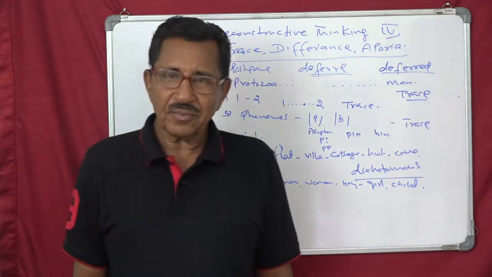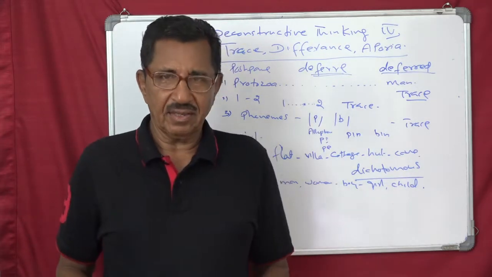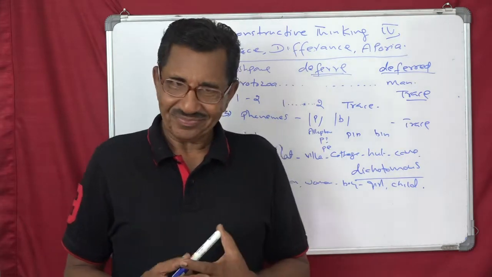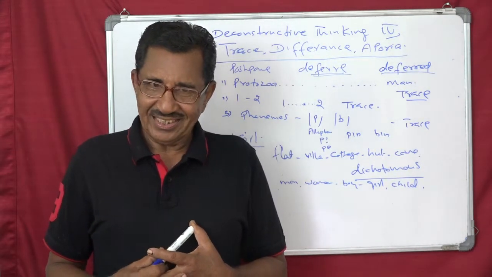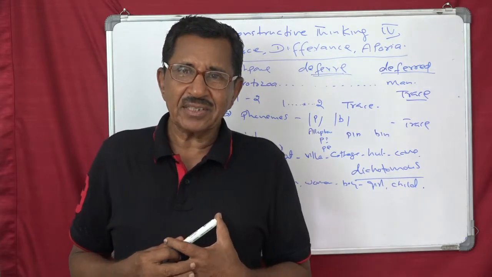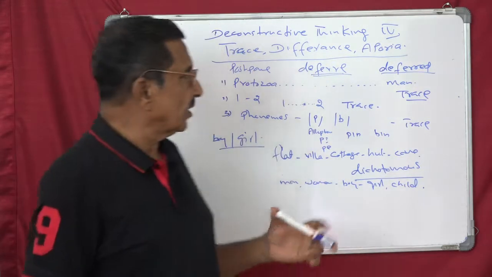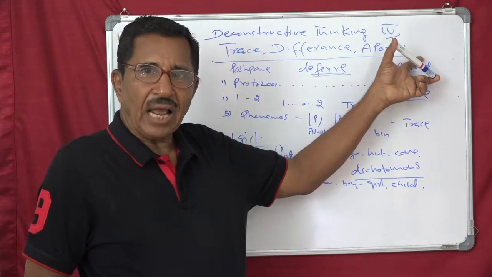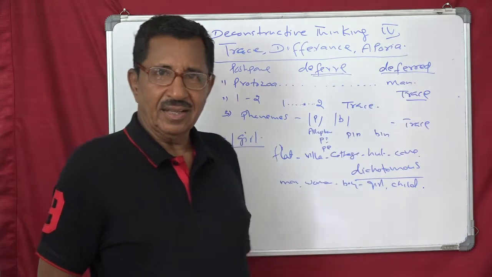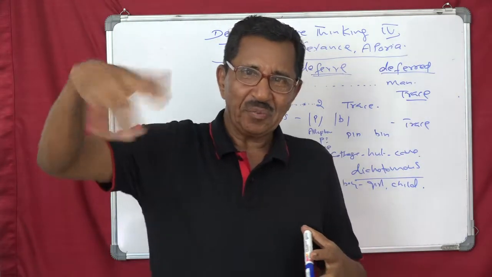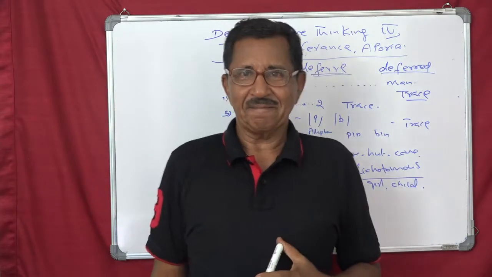If not absolute, what? Not fixed meaning. Not fixed meaning means indeterminacy. Understand? Indeterminacy. And this indeterminacy will take you where? To aporia. So there is no end to the play of signifiers.